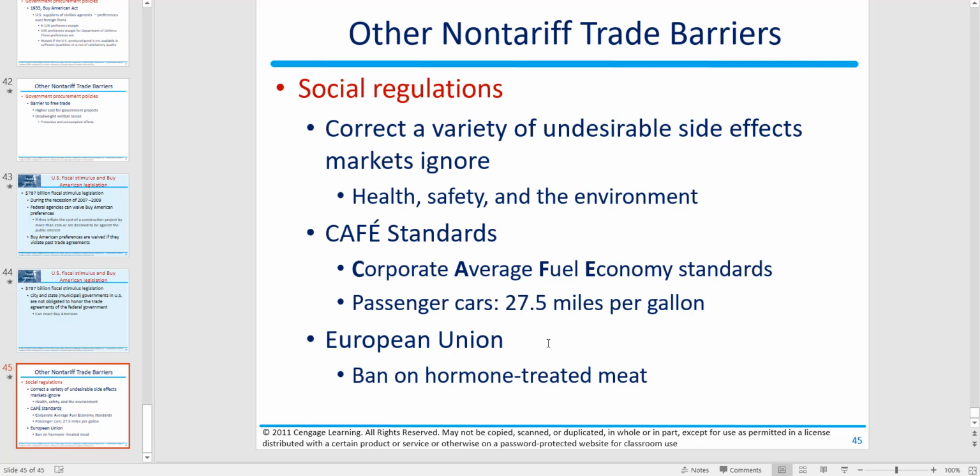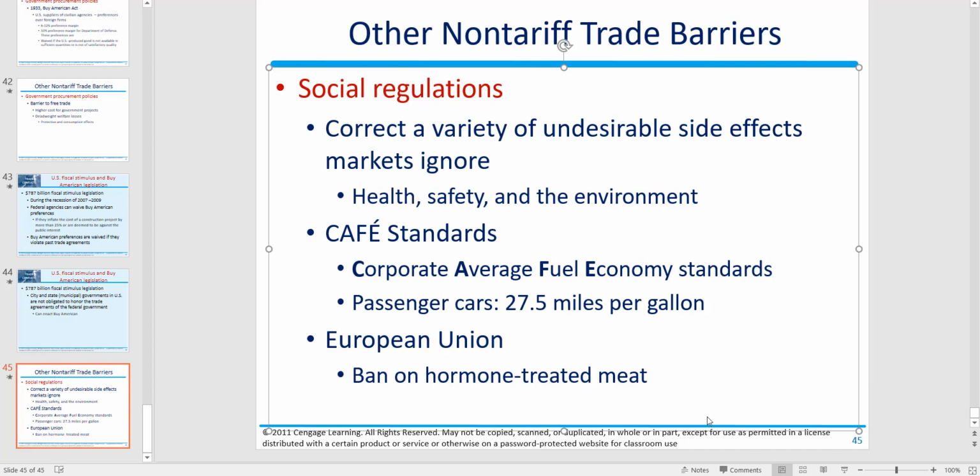Well, in the EU, there are also similar things. One that is different is the ban on hormone-treated meat, because the Europeans are concerned about public health issues related with eating meat that has been fed with growth hormones. So these social regulations vary per country according to the standards of living that they want to achieve.